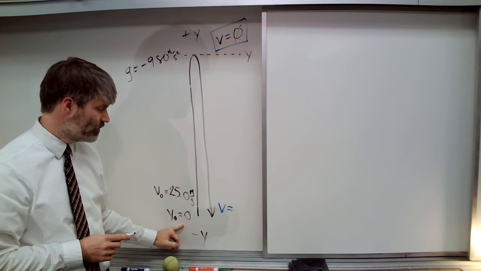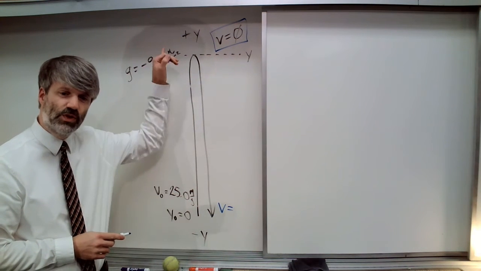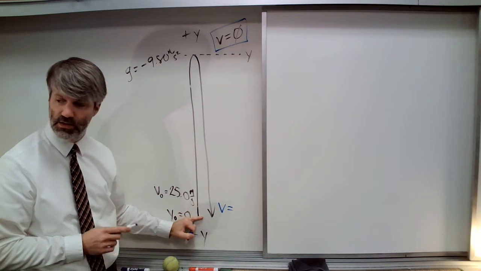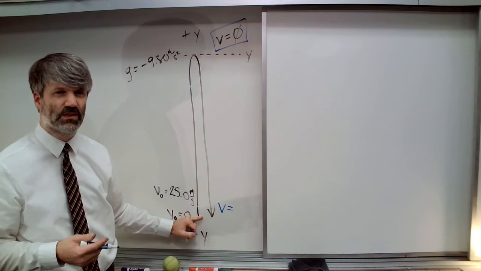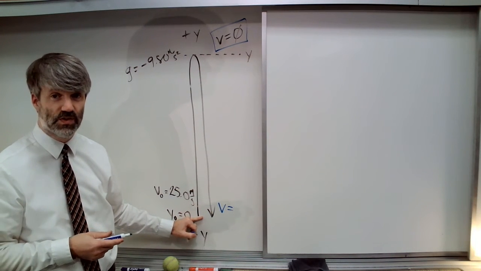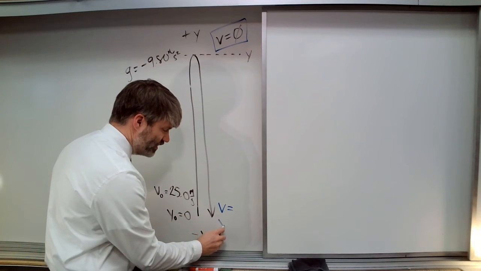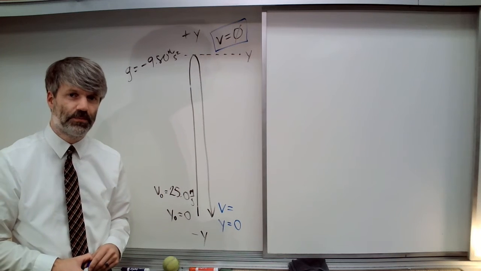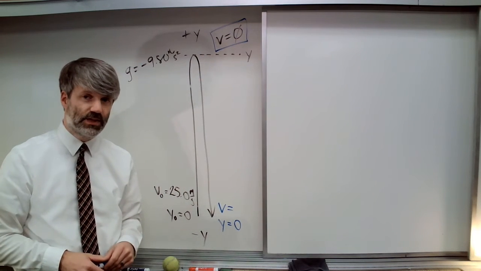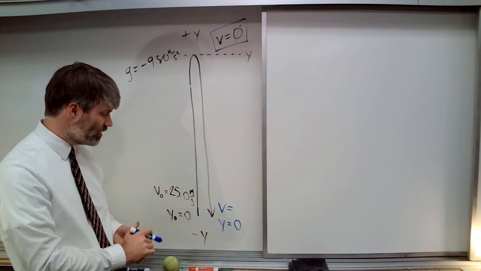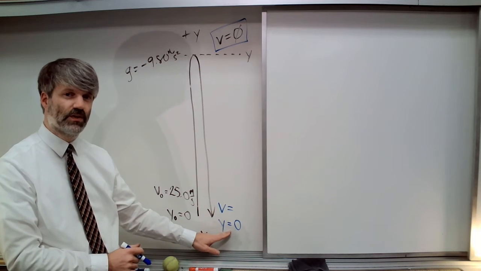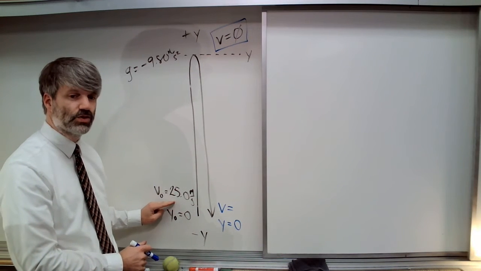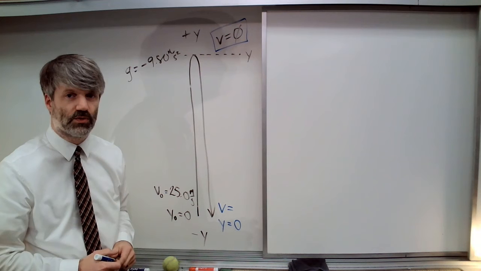Okay? Because if we know the initial position and it returns back to its initial position when it hits the ground again, or from which it started, we know that the final position is 0 as well. If that is true, then we know initial position, final position, an initial velocity, and an acceleration.